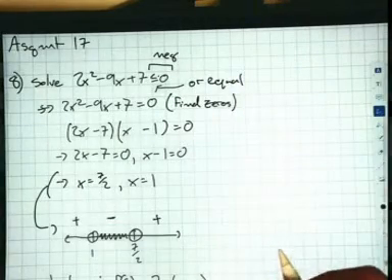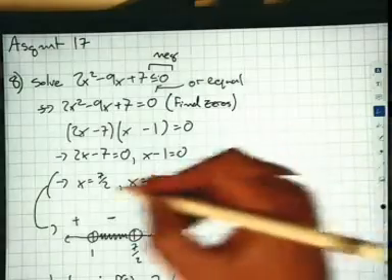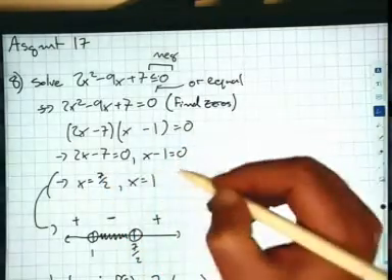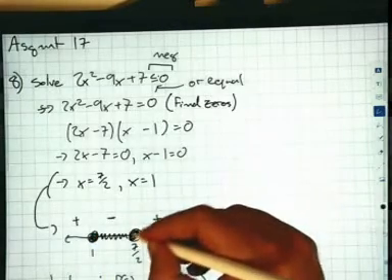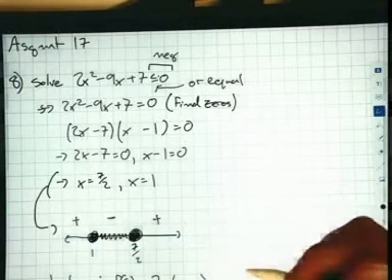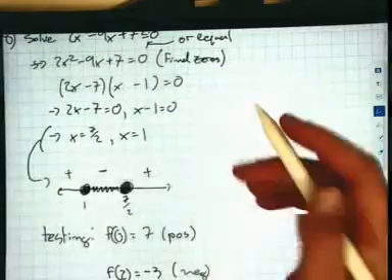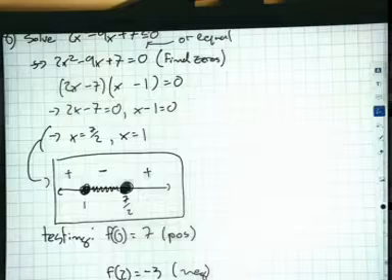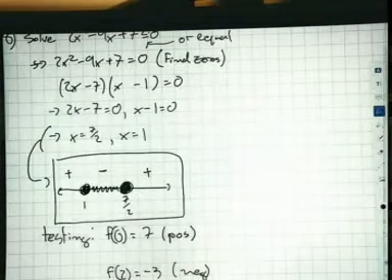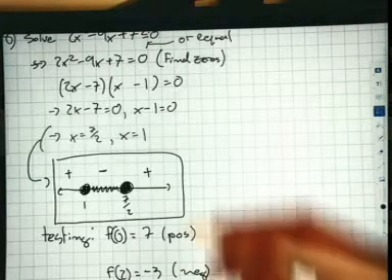It's less than or equal to 0. So at 7/2 and 1, it is equal to 0, so we can include those values. I'm going to include those values by indicating a solid circle. So here's my graph number line that represents this inequality.